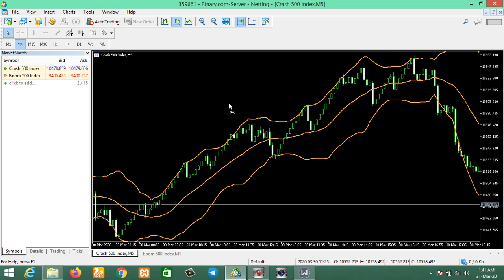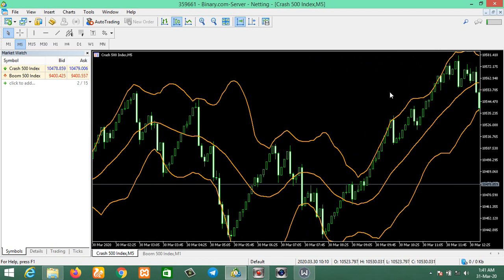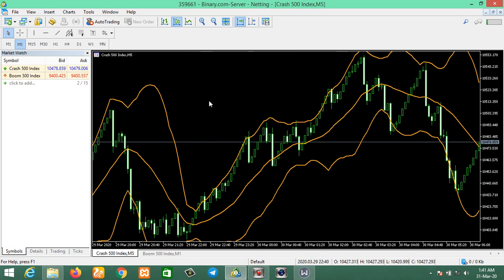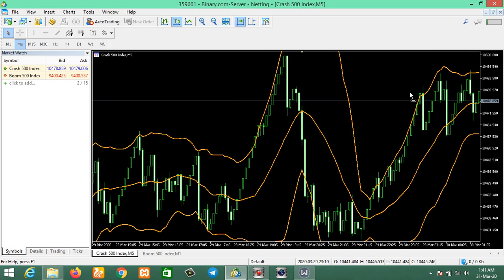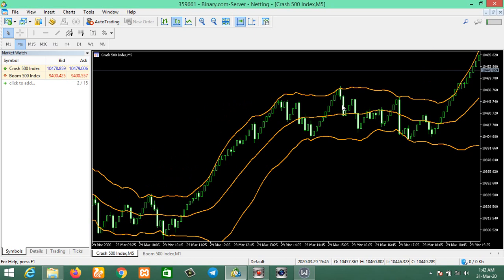So how do we use these Bollinger Bands to trade? Some might explain it in this form: that to trade with Bollinger Bands, you sell when the candle has touched the upper limit of the Bollinger Band, that it will start falling.